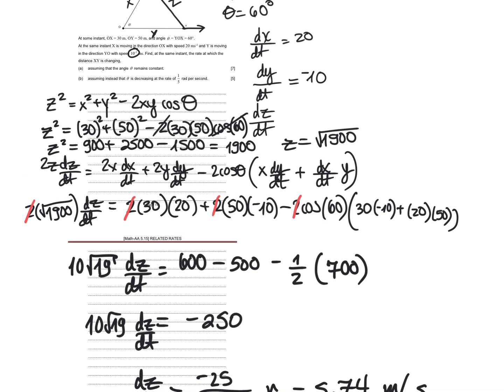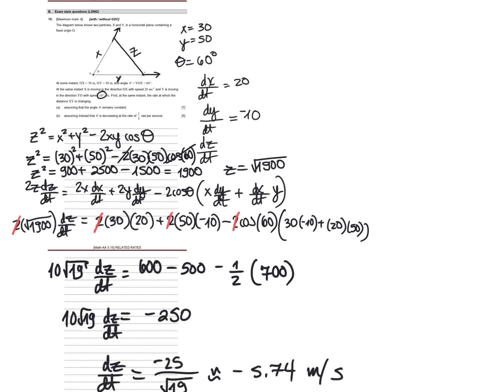Okay, so now B, assuming instead that theta is decreasing at a rate of 1/5. So now we have d theta/dt is negative 1/5. So we have to differentiate this again, but now theta is a variable. So we've got 2z dz/dt equals 2x dx/dt plus 2y dy/dt.